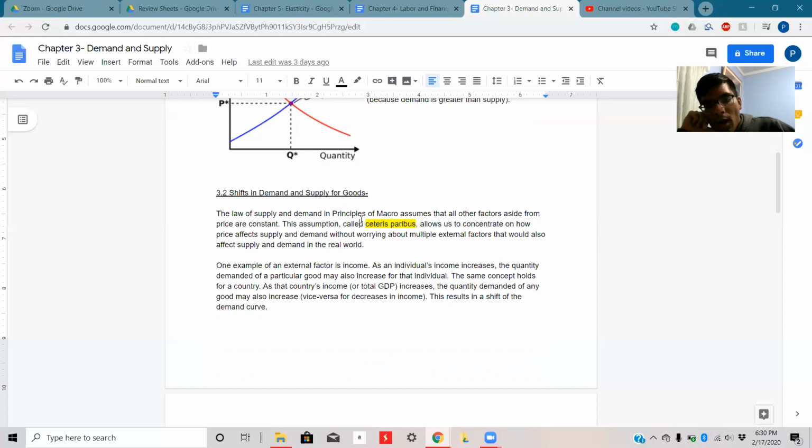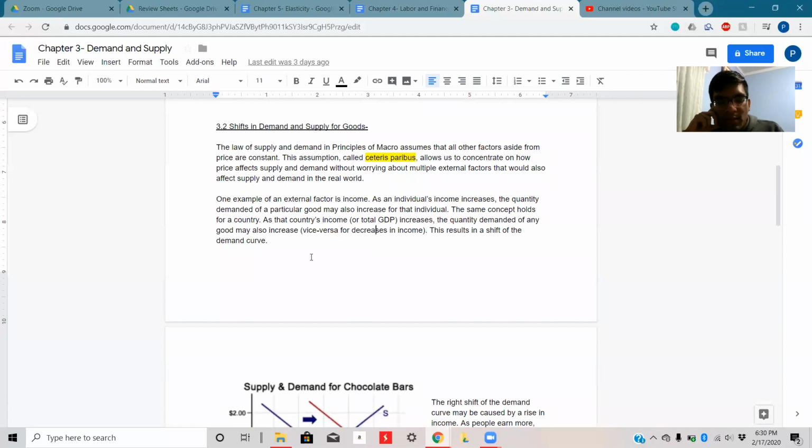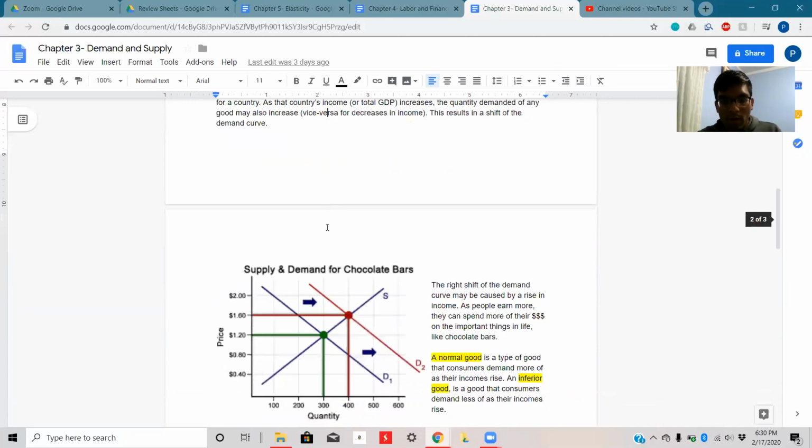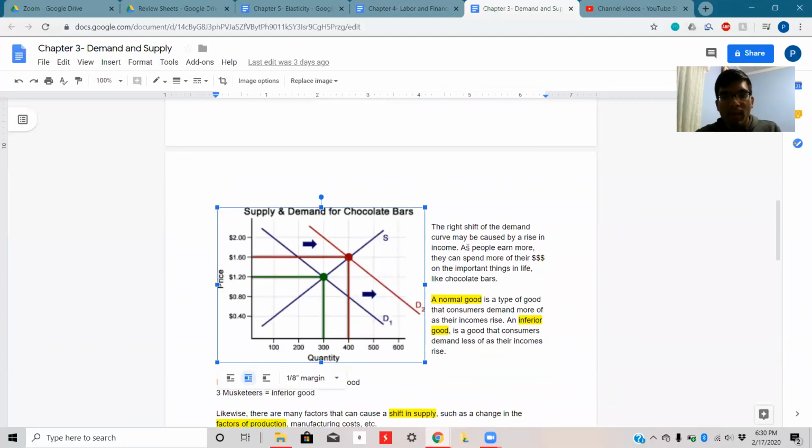There are a lot of external factors that could also affect these two variables, but for now, all we focus on is the price of things. I have a few quick examples of what those external factors might be, but at this level you don't need to be as familiar with them, so don't worry so much about it.